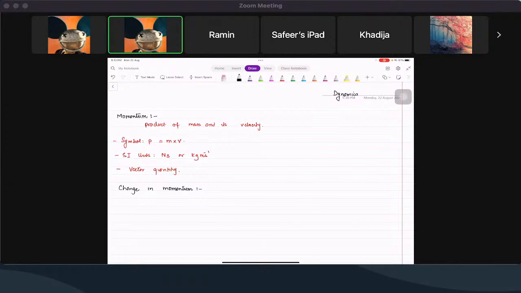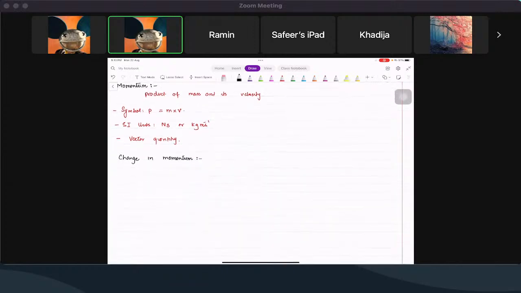If you have an object which has a mass m and it is going at a velocity u, and you apply force F onto the object for some amount of time, then for that period of time the object is going to change its velocity to some other velocity.